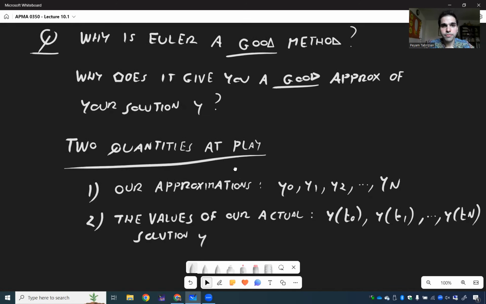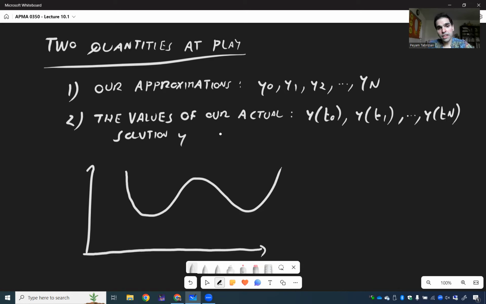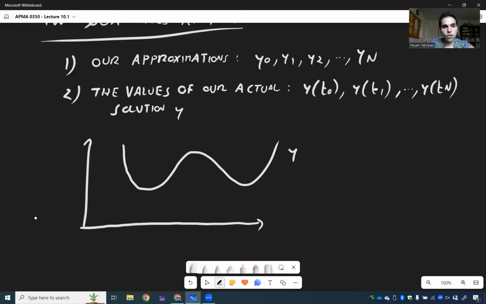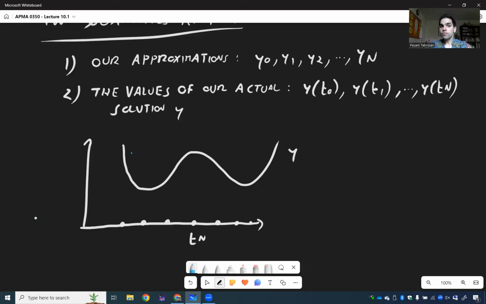So once again, let me draw a little picture of what's at stake here. Let's say you have your solution y, maybe looking something like that. This is y, your true solution. And then you have all those points, t0, t1, t2, t3, maybe that's tN. Then the two quantities at play are your Euler's method points.